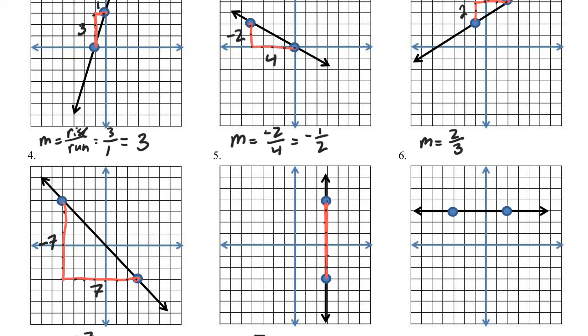Now, we can't really divide things by 0, right? Whenever we're dividing by 0, we can't get an actual value. So we just call this undefined. This is an undefined slope. We can't give it a numerical value. It is perfectly vertical, straight up and down, and it is undefined because we have no run, no left or right movement, okay?